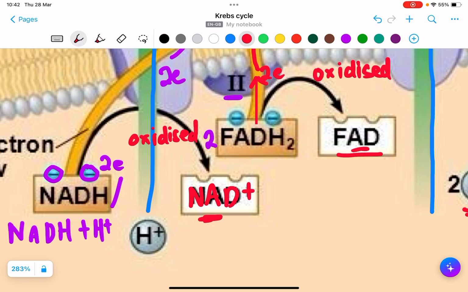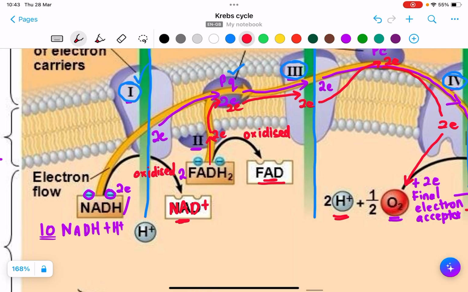So these two are going to be used again in the Krebs cycle, glycolysis, and pyruvate oxidation. So they just recycle in the cell. NAD+ goes back to glycolysis, goes back to the Krebs cycle, goes back to pyruvate oxidation. Later, when it has electrons, it's going to come back again for the electron transport chain.